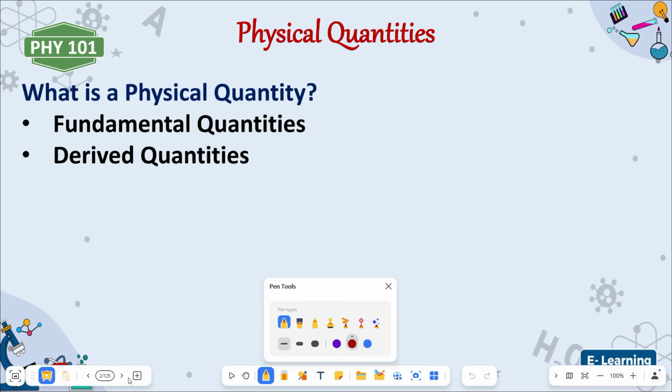Now, the physical quantities in physics are divided into two, my dear students. How many? Two. We have what we call the fundamental quantity, and we have what we call the derived quantity. Now, if I should ask each and every one of us, what is fundamental? When I was teaching you chemistry, I taught you the origin of the atom.